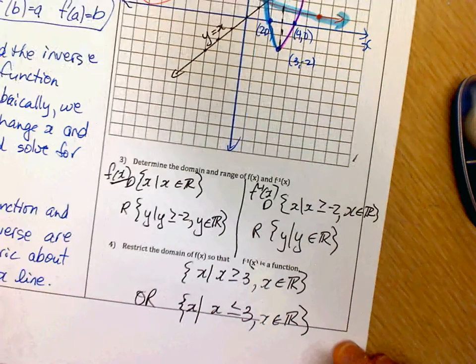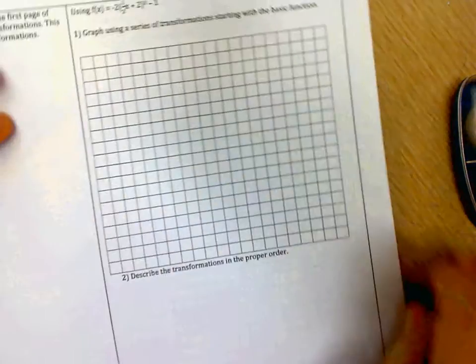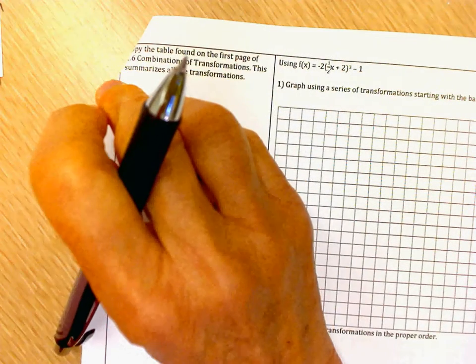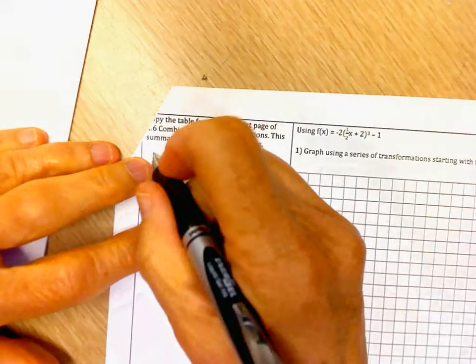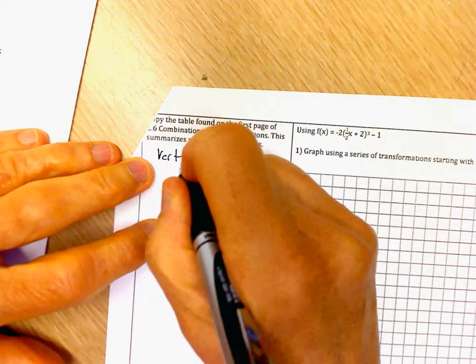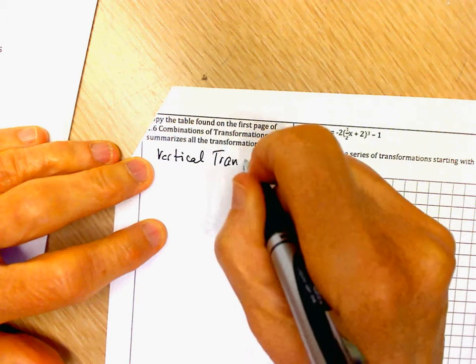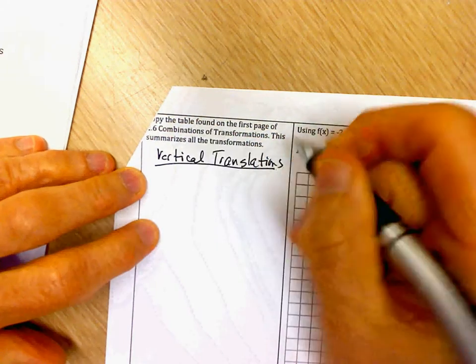Let's summarize all the types of transformations that you learned in this course. Let's talk about vertical translations. If you have some function, I'm just going to symbolize it with this expression here.